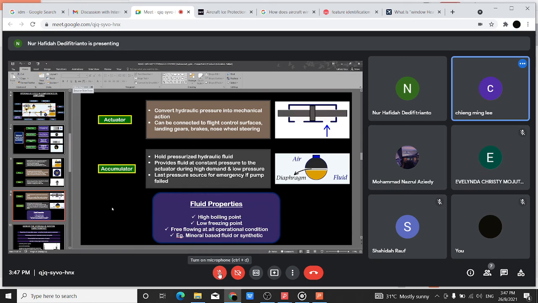Other than that, on the landing gear there will be brakes. Right? Maybe brakes are given to Evelyn. Evelyn? Yes, sir. Yeah, you will do the brakes. Okay, sir. Brake system.